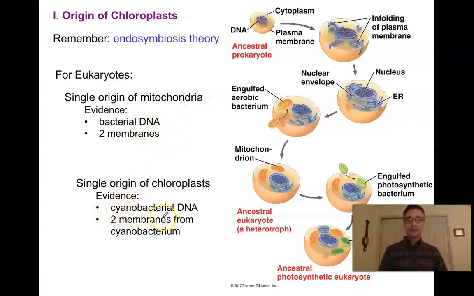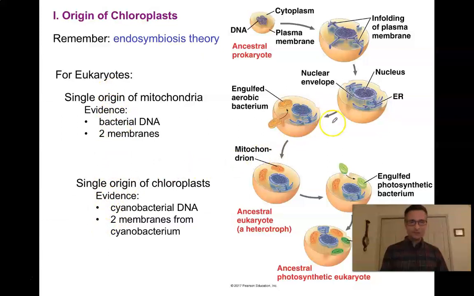Again, we see DNA from bacteria, specifically DNA from what seems to be a cyanobacterial ancestor. And we see a couple of membranes from this cyanobacterium, and then other membranes that can be associated with the eukaryotic cell. So very similar to the evidence that we have for the origin of mitochondria.